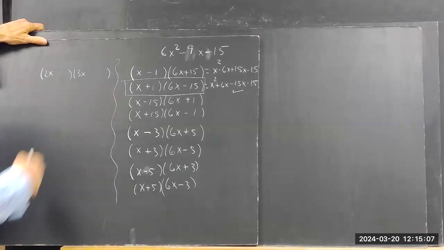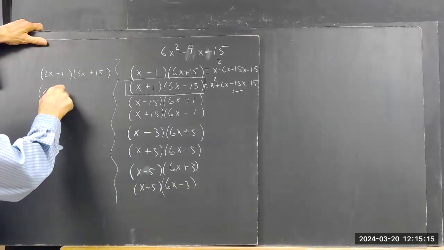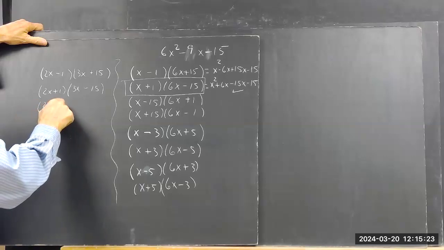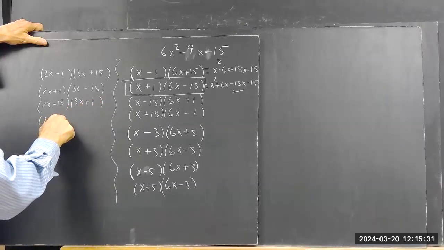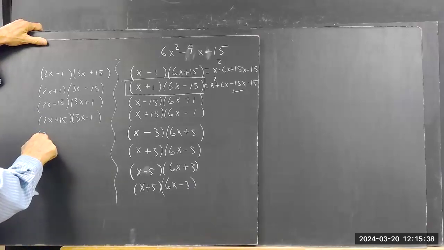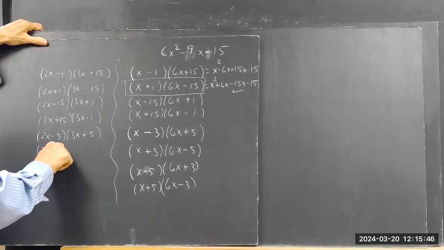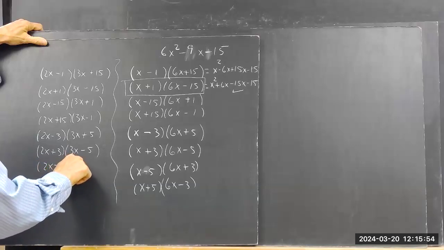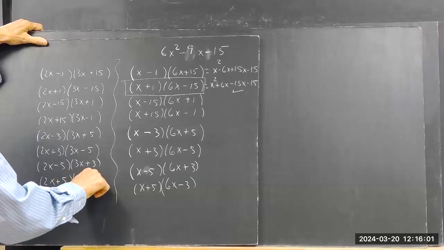Now, just to make sure we understand what the entire listing would look like, we have a -1 and a plus 15 here, or 2x plus 1 and 3x minus 15, or 2x minus 15 and 3x plus 1, or 2x plus 15 and 3x minus 1, and then 2x minus 3, 3x plus 5, 2x plus 3, 3x minus 5, 2x minus 5, 3x plus 3, 2x plus 5, 3x minus 3.